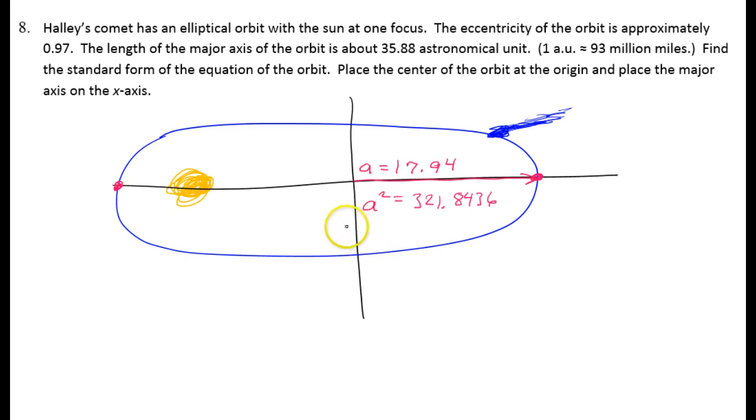Now, to make my equation, I'm going to need the B value as well. But all I have is the eccentricity. All right, they tell us that the eccentricity is 0.97.